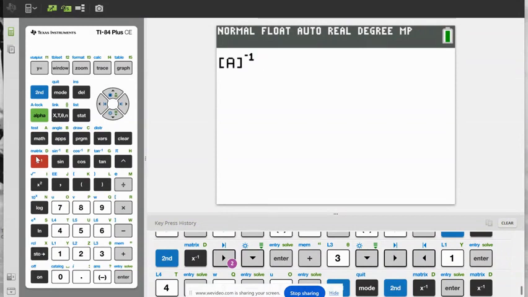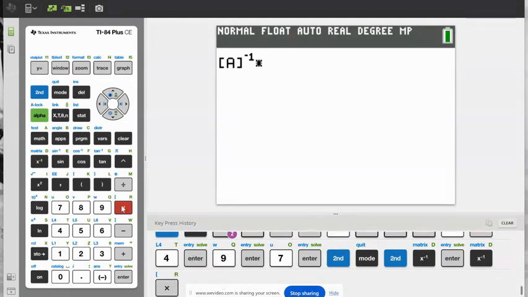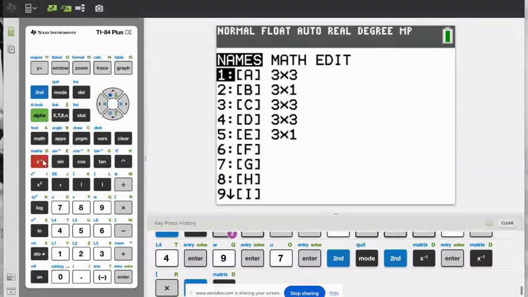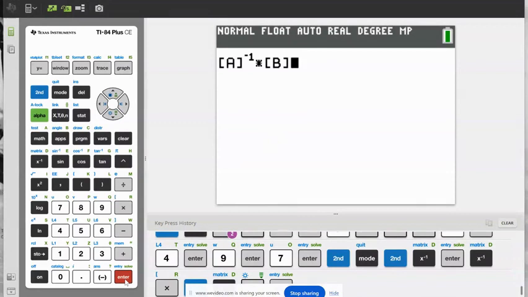You just press that, and now it shows the inverse on top of it. After that, you're going to press the multiplication sign, and we're going to multiply it by matrix B. So second matrix, go down to choice B, enter. So now it's saying my inverse matrix times matrix B. We press enter again, and here we are.